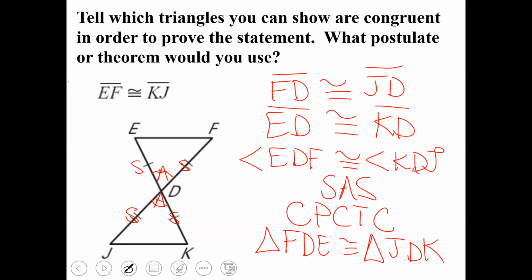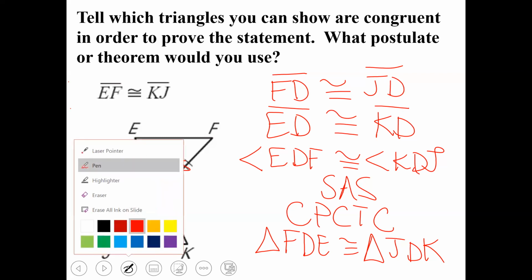And since we're trying to prove that side EF is congruent to side KJ, y'all, again, when you're trying to prove a set of sides or a set of angles are congruent to each other, you have to prove that the two triangles are congruent to each other first. And then you use CPCTC as your reason. Because now that you know that the two triangles are congruent, you know all of the corresponding angles and sides are also congruent, okay?